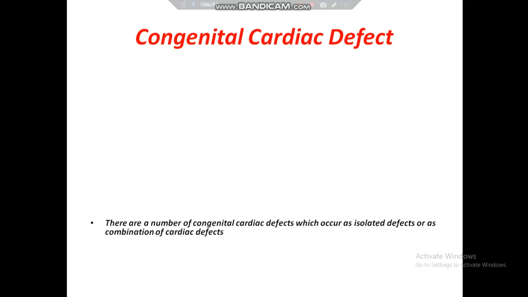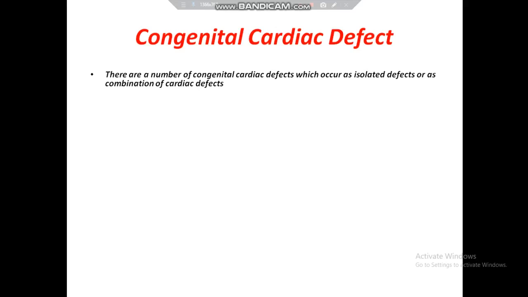Now, congenital cardiac defects. These are the defects which are present from birth. There are a number of congenital cardiac defects which occur as isolated defects or as a combination of other cardiac defects.